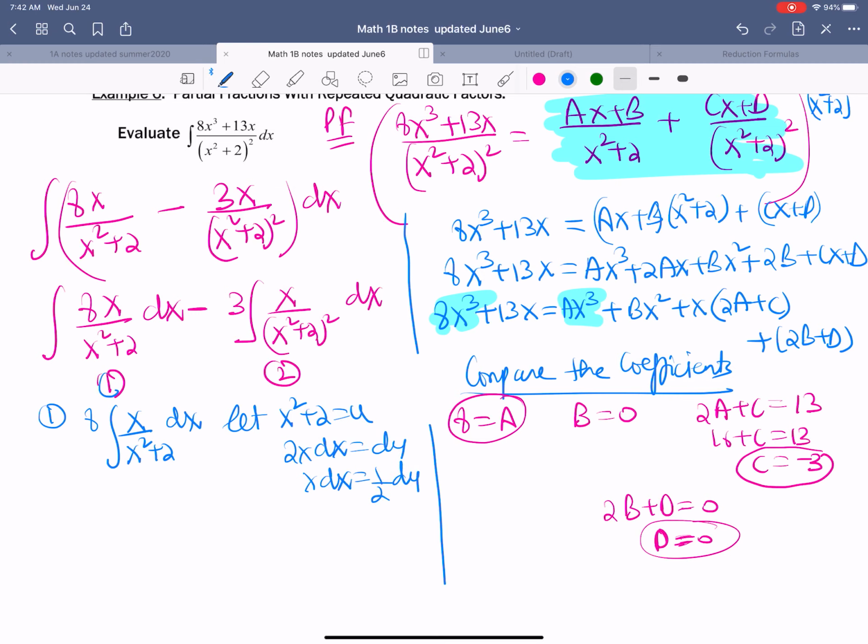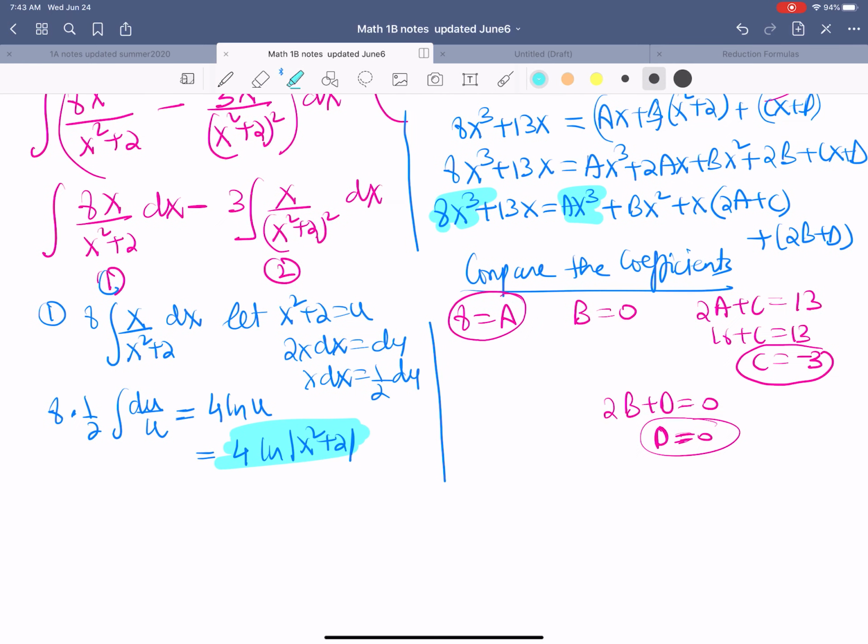Good. So we have 8 times 1/2 du over u. 8 times half is 4, which turns out to be 4 natural log of u, and that is 4 natural log of x squared plus 2. So that's the first integral. We'll take care of c at the end.